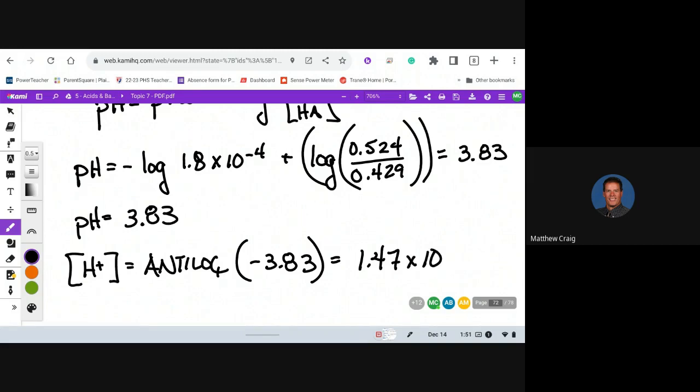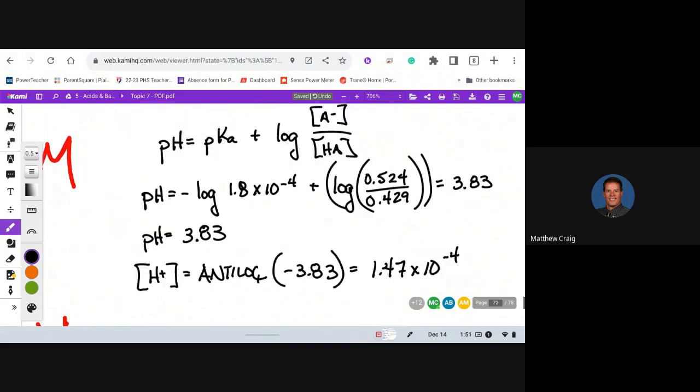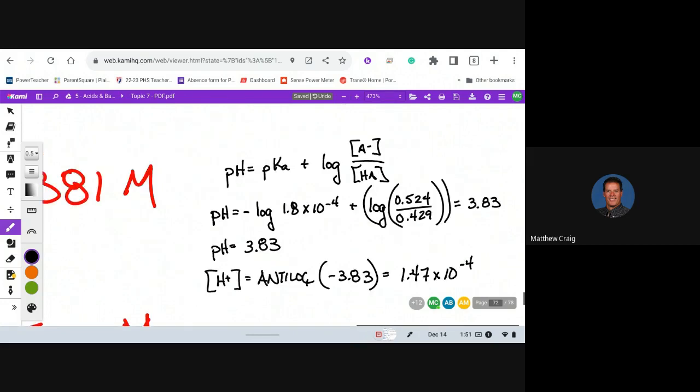I would think Ka equals the hydrogen concentration times the anion over the acid, and then found the hydrogen concentration. Wait, say it again. I did Ka equals the hydrogen concentration times 0.524 divided by 0.429. Did you do the log of it though?